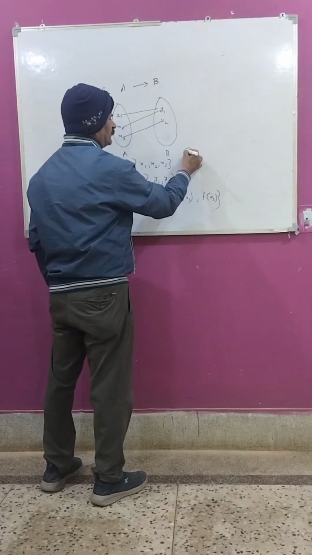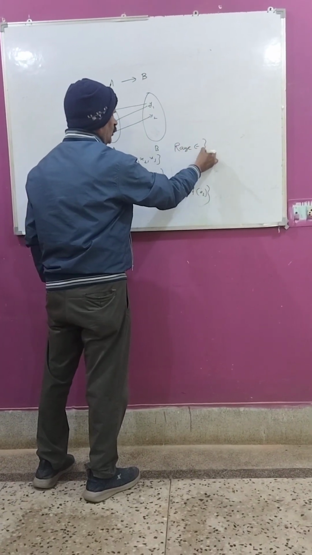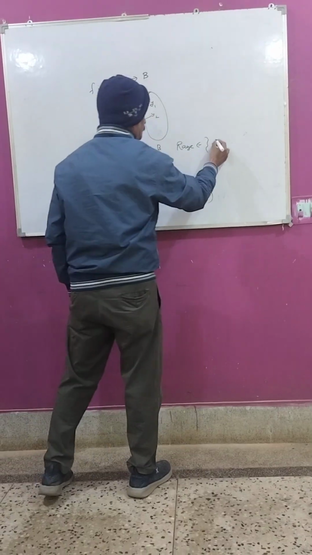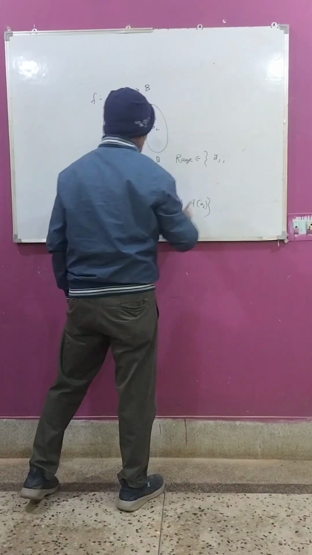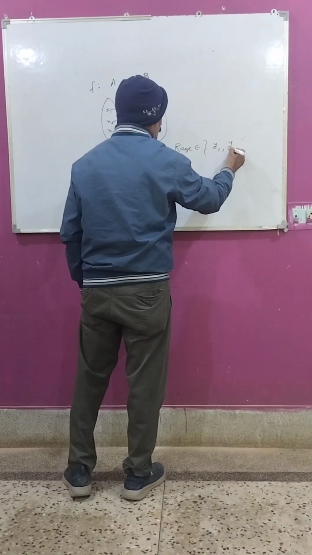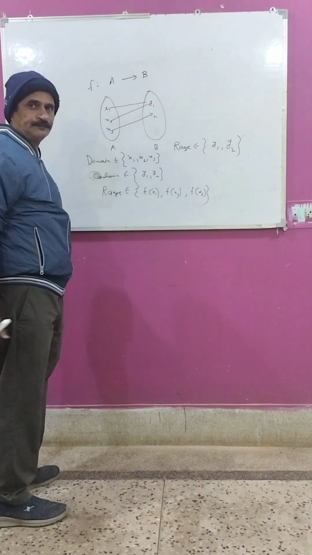Now the range: f of x1 means y1, f of x2 means still y1, f of x3 means y2. So this is your range.